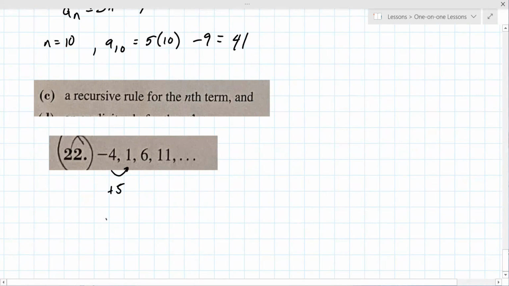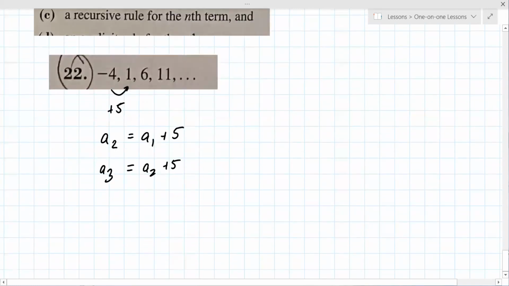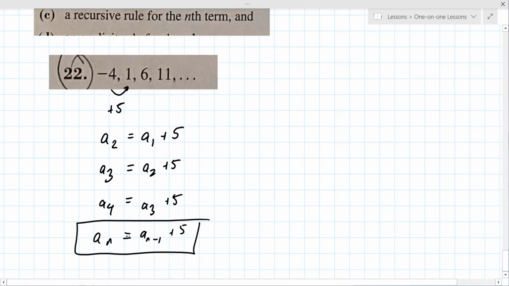So a2 is equal to a1 plus 5. Would you agree with that? Yeah. A3 is a2 plus 5, because you're just adding 5 to it. So you can write a few of these out until you see a pattern. a sub n equals a sub n minus 1 plus 5. Yes, perfect. Okay, that makes sense.